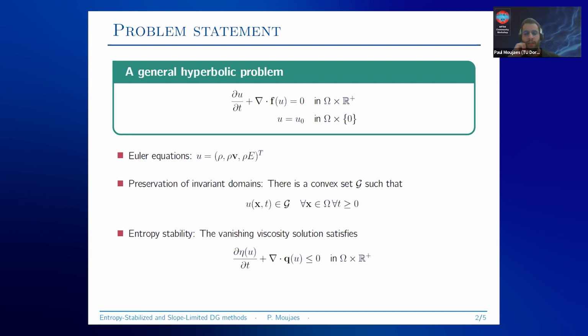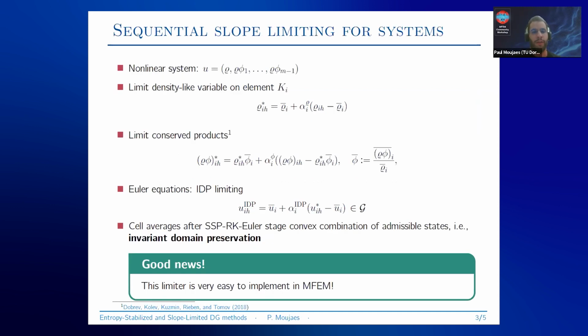These are two properties which we would like to preserve with our discontinuous Galerkin methods. We first focus on the limiter. If we assume to have a nonlinear system of this form with conserved variables, some density-like variable, and some conserved products rho times phi, we first limit the density-like variable on each element K_i.